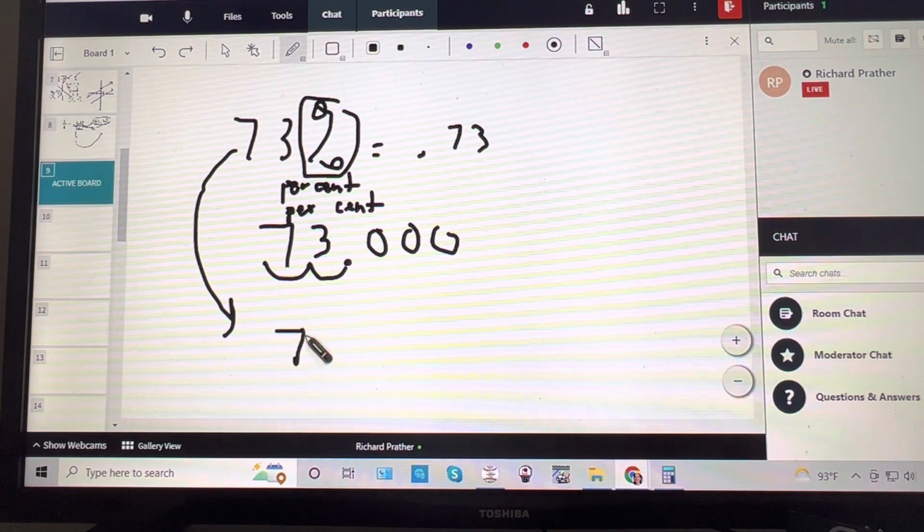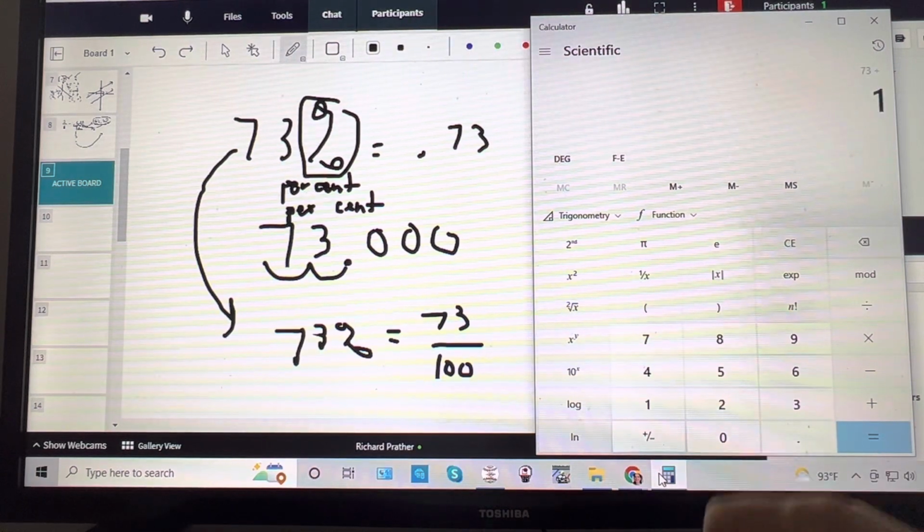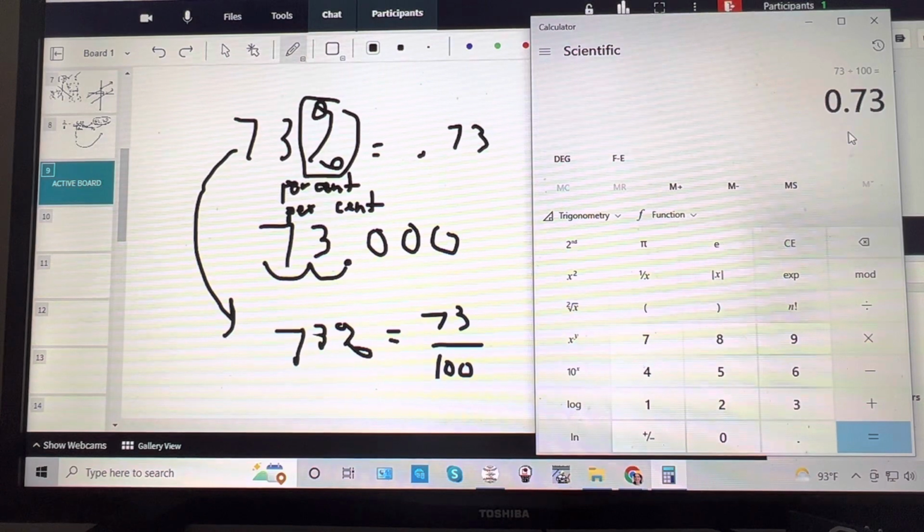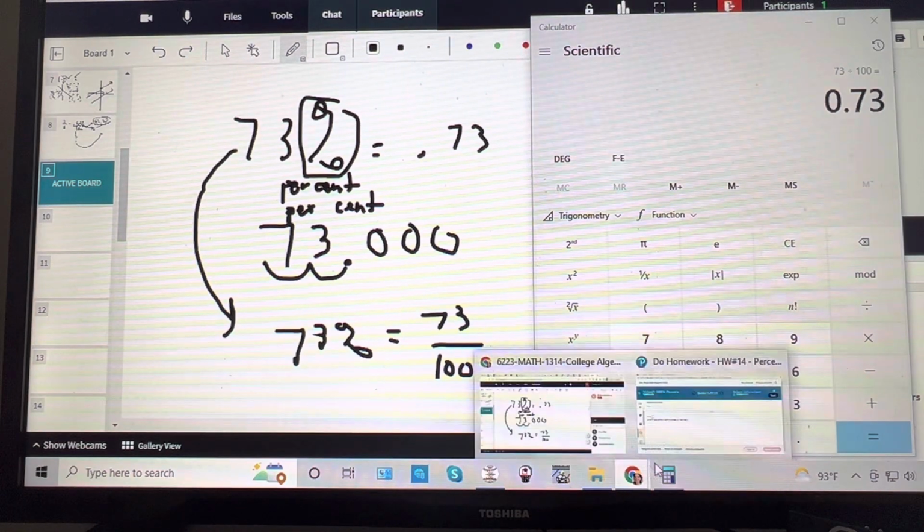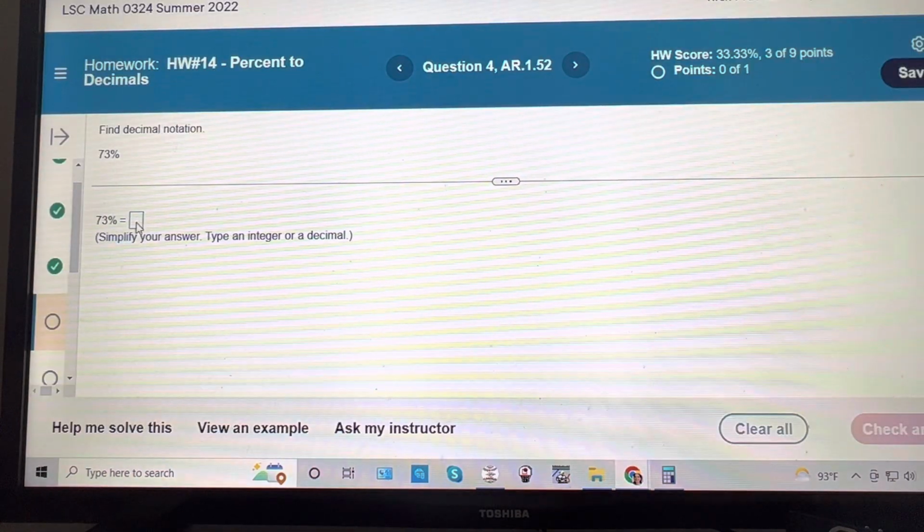So 73% literally means 73 divided by 100. And 73 divided by 100 is 0.73. So if you ever forget, percent is out of 100. And you could either do it in a calculator or you just move the decimal over twice.